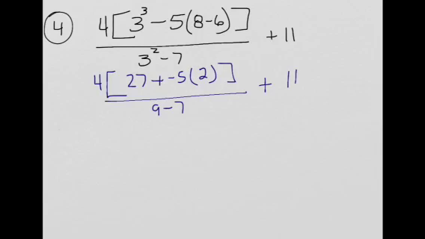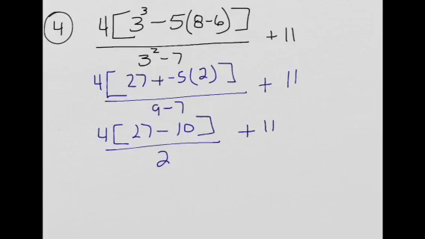So we're going to go ahead and do 4 times 27 minus 10. That's going to all be over 2 plus 11. So we're going to do 4 times 17 divided by 2 plus 11.